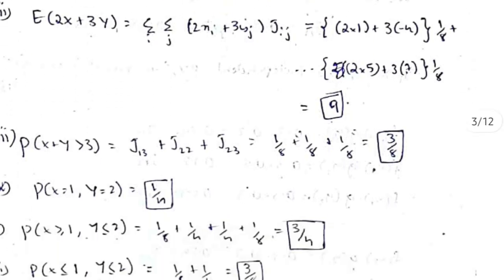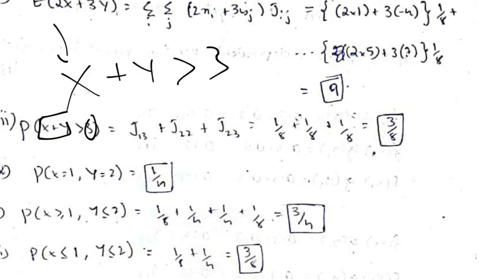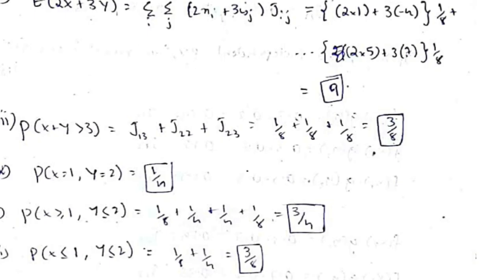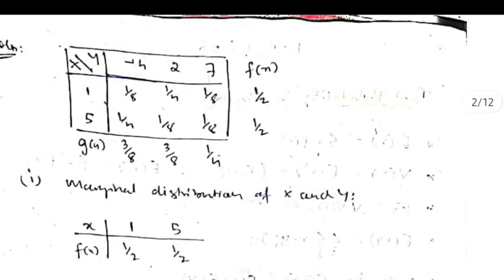Then we have been asked to find the probability of x plus y greater than 3. That means whatever values of x and y I can put to get the sum greater than 3. See here, the x value can be 1 or 2. Here the y value can be 1, 2 and 3.